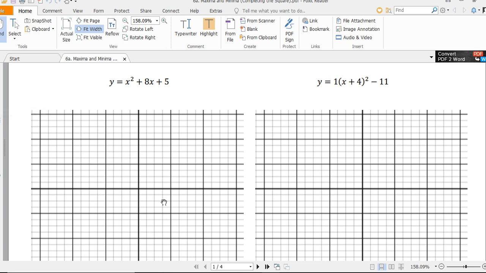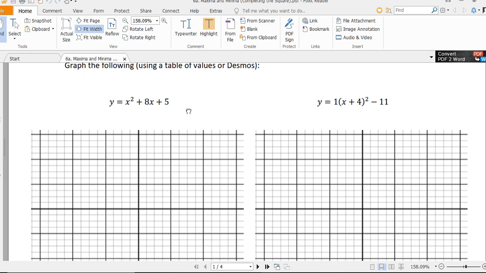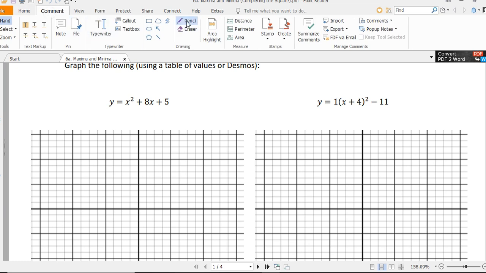Now, if you do want to practice graphing, by all means, you can use a table of values. So, x, y, and I could just plug in random points.